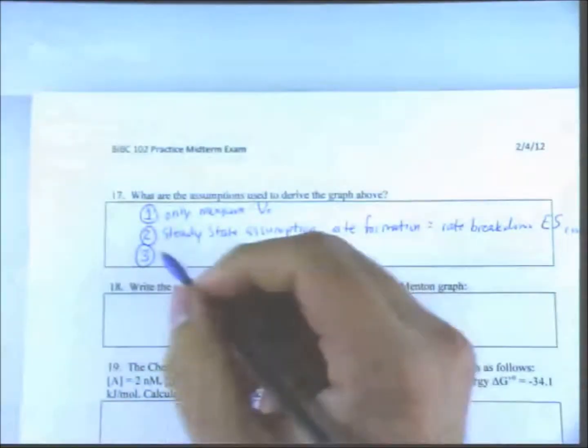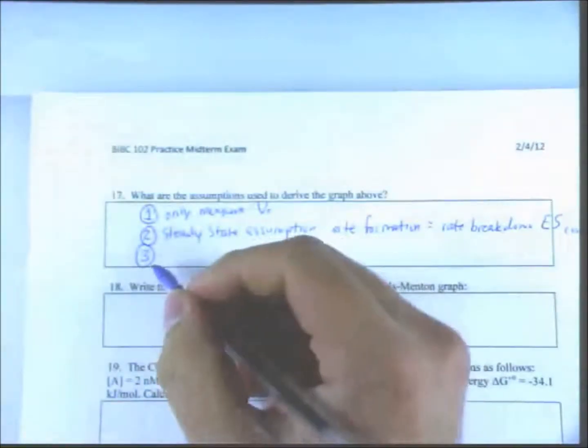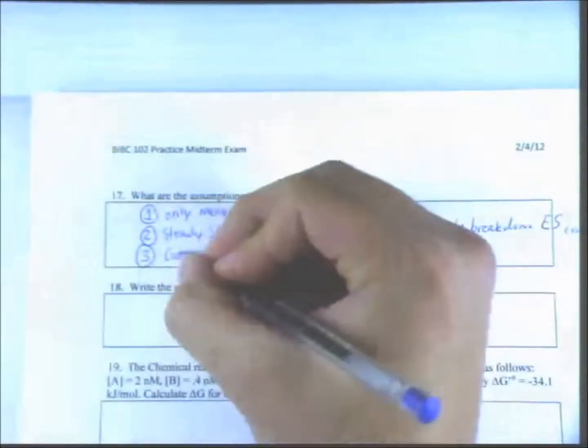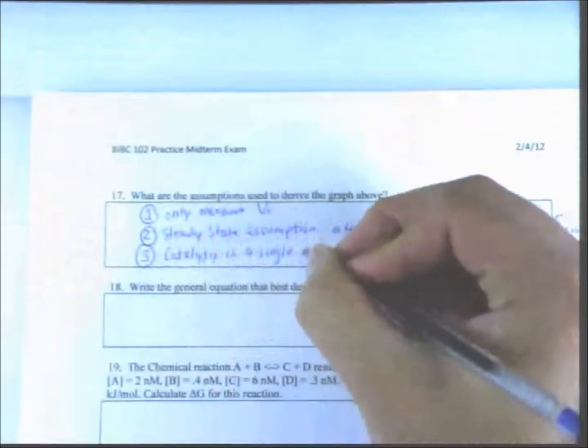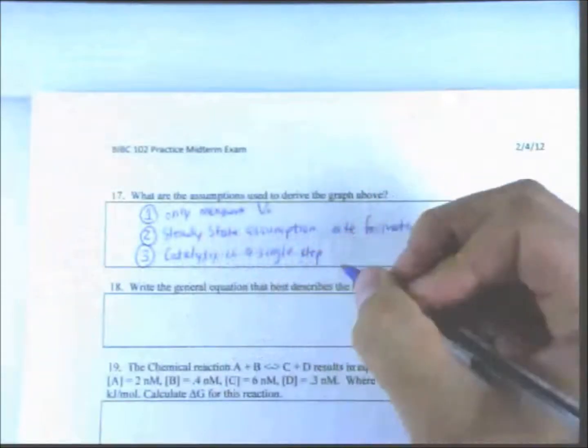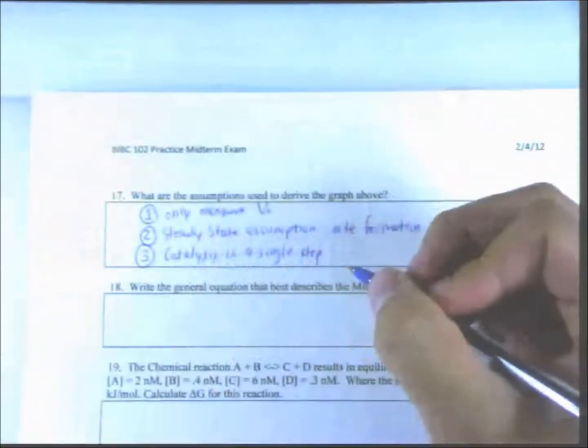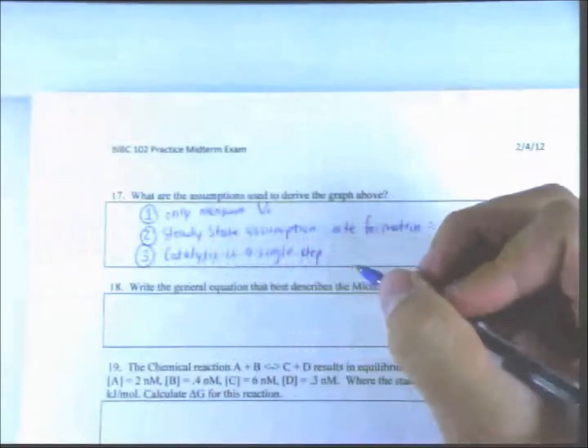Yeah. So what is a 3? Catalysis is a single step. So if you were to look at chymotrypsin with the multiple steps, is that a single step? No, so they're making a very big assumption there as well. It just happens in one shot.